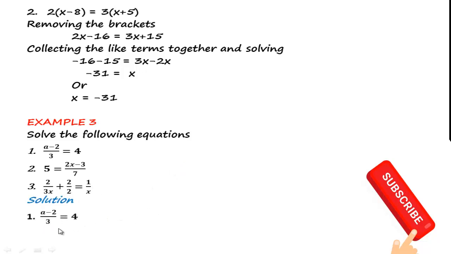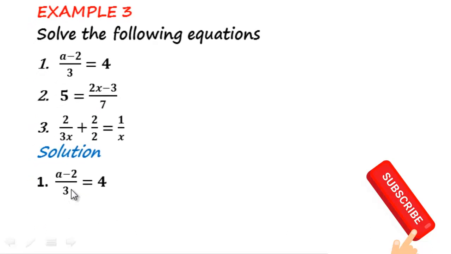Number 1, a minus 2 divided by 3 equals 4. Here, you can use this one. 4 is the same thing as 4 divided by 1. So that means you can cross multiply, such that you multiply a minus 2 by 1, which implies a minus 2, times 1 is the same thing, equals 4 times 3.